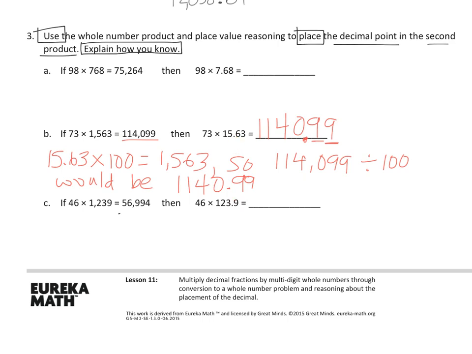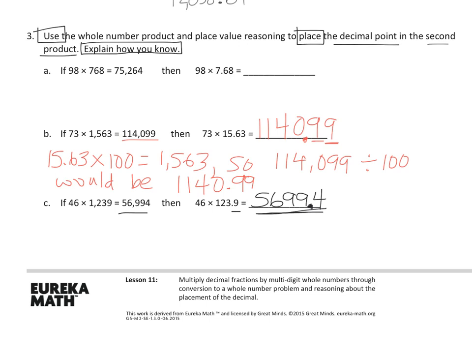So remember, this number is going to be the same digits, but we're just going to have to figure out where does the decimal point need to go. So if this is in the tenths, that means this number needs to have a tenths, which means that 4 is in the tenths column and that decimal point needs to go in front of it.